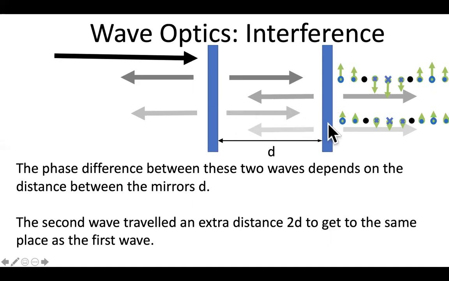It went an extra distance that's twice the distance between the two mirrors. That extra distance means that it is some distance behind. And the question is, how many wavelengths is it behind?